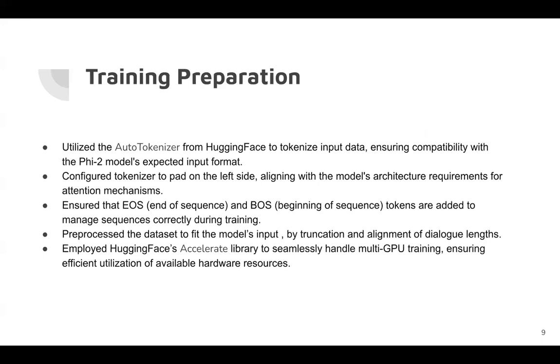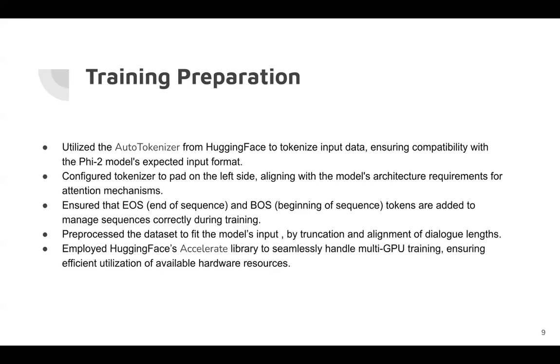Yeah, so today I'm going to talk about the training preparation that was done for the model. Training preparation involved several critical steps. We started by employing the AutoTokenizer from Hugging Face to ensure that the input data was correctly formatted and compatible with the V2 model's requirements.